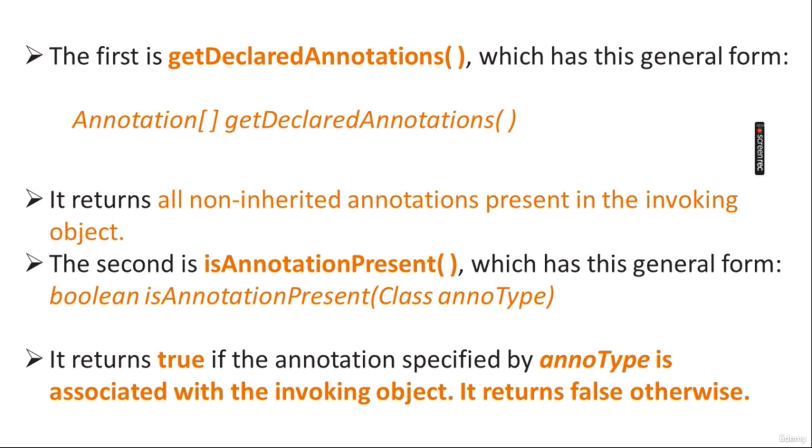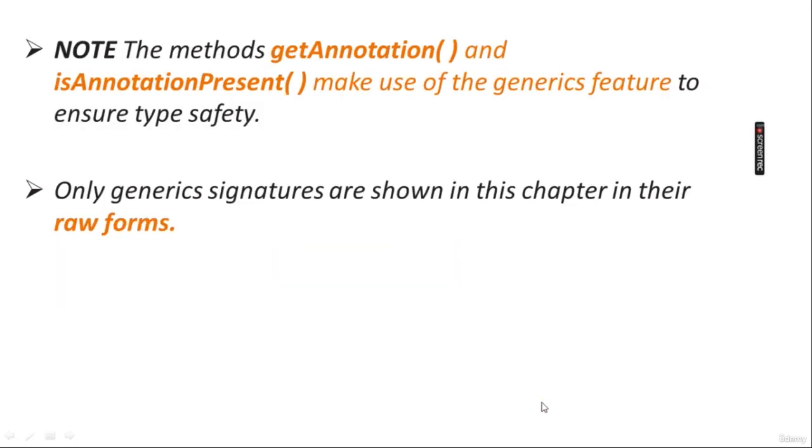The second is isAnnotationPresent, which has the general form: boolean isAnnotationPresent(Class annotationType). So isAnnotationPresent will return true or false and getDeclaredAnnotations will give you the array of annotations. isAnnotationPresent returns true if the annotation specified by annotationType is associated with the invoking object. Otherwise, it will return false.